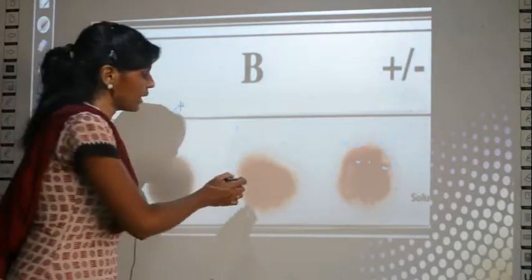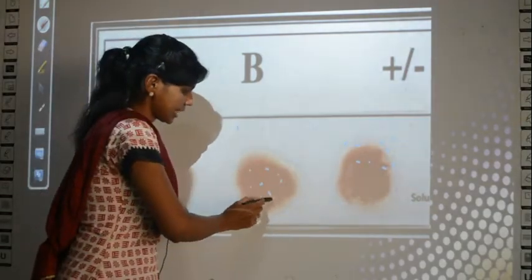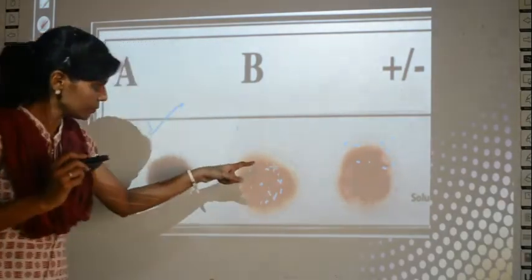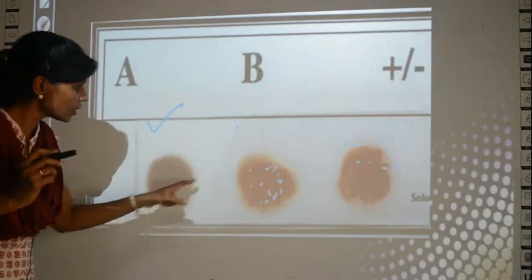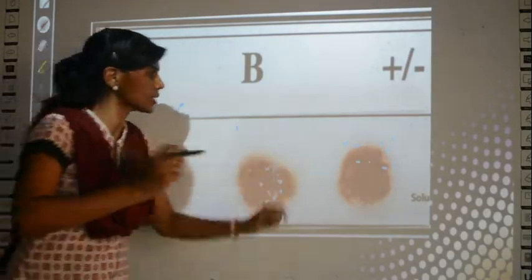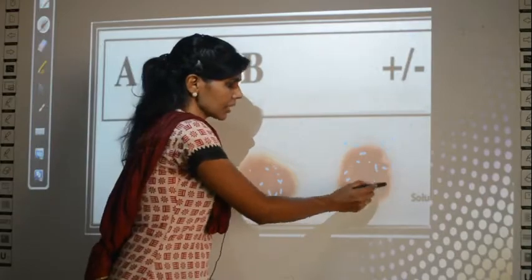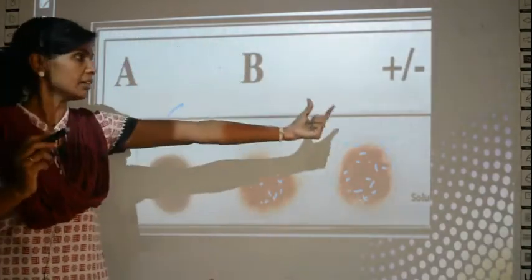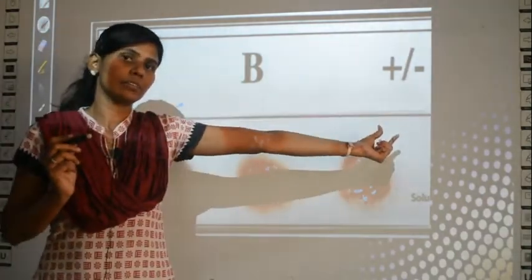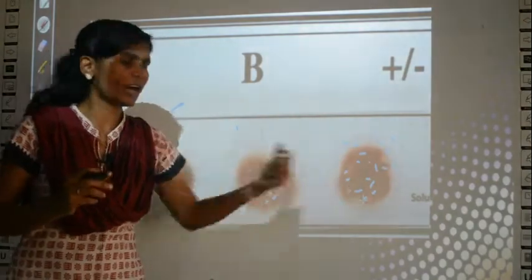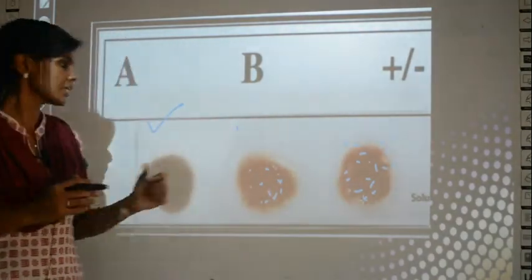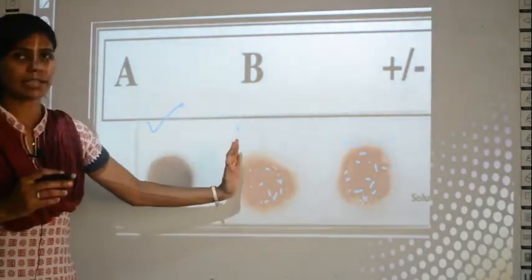But these two have clumps, dot-like structures. Can you see? It is not a clear solution. You have small dots in B and in positive or negative also, which means this is the blood group.